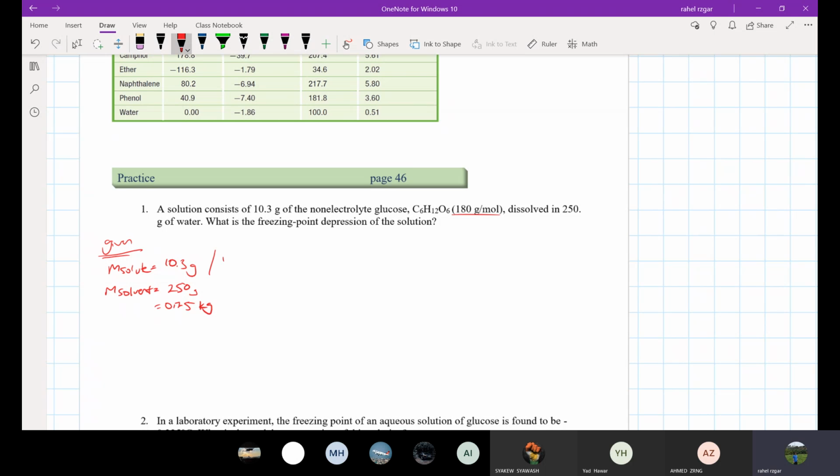We have molar mass, which is 180 grams per mole. What else do we have? It says what is the freezing point depression of the solution?